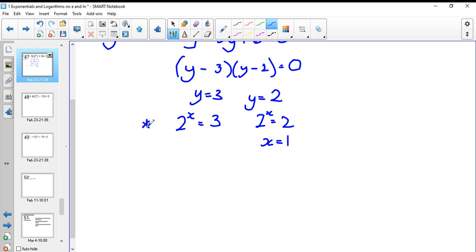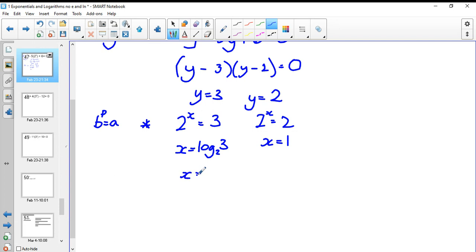So at this point here, this is where it differs from what you've done previously. This is in the form base power equals answer. So to get x, we can write this in log form. X equals log to base 2 of 3. Now, depending what the question asks, if the question asks for exact answers, then you're allowed to leave it like that.